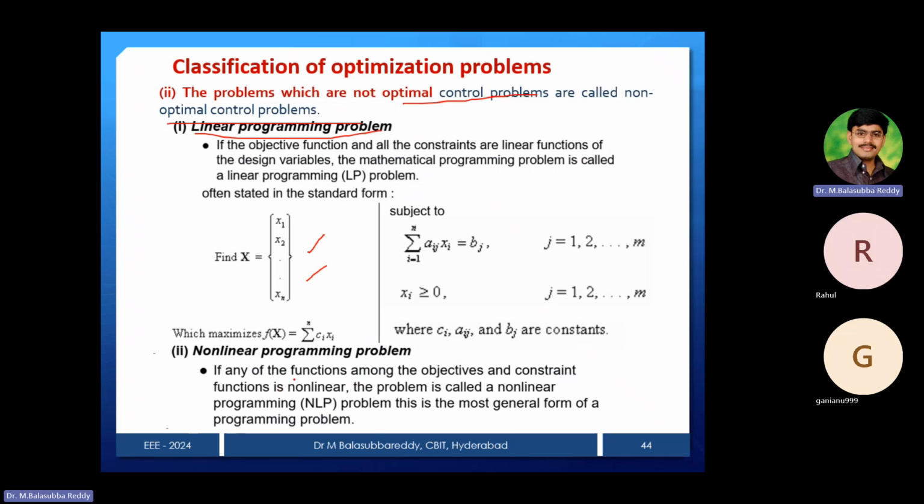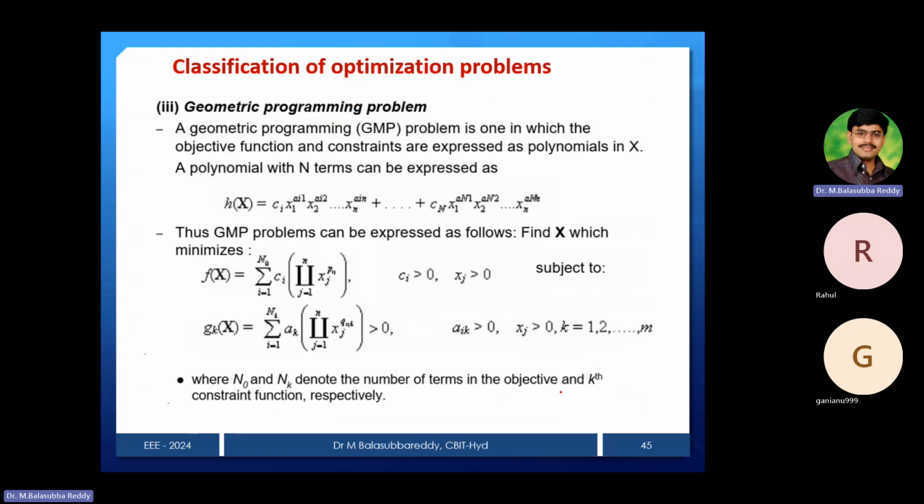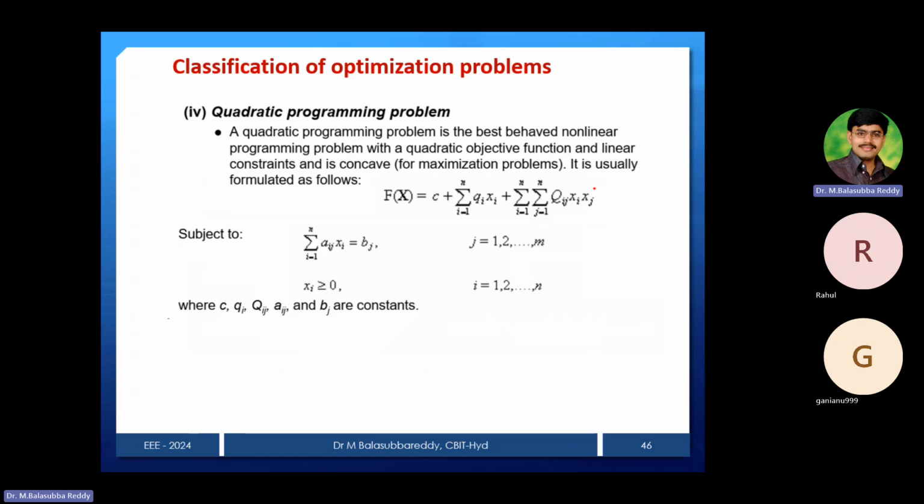In non-linear programming, if any one of the functions among the objective and constraint functions is non-linear, then we call it non-linear programming. So like that, we described several types, such as geometric programming. This is the way we can represent the geometric programming classification, quadratic programming problem.